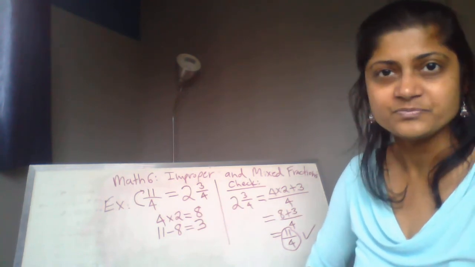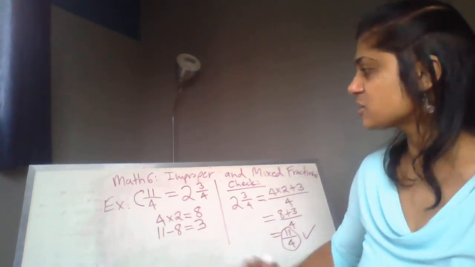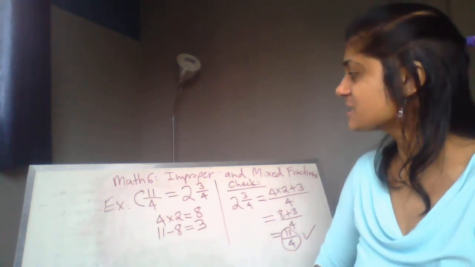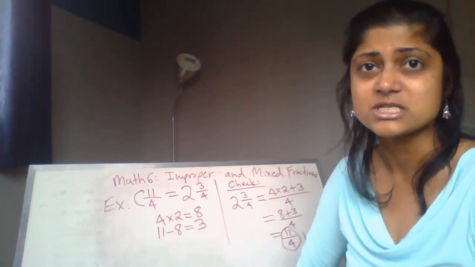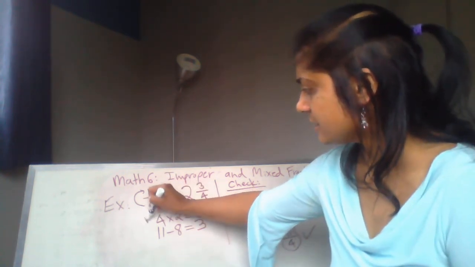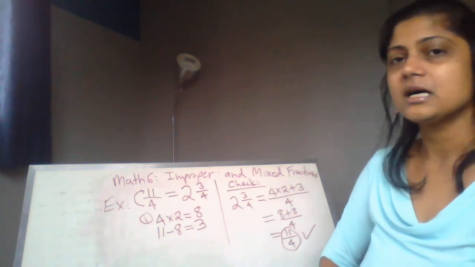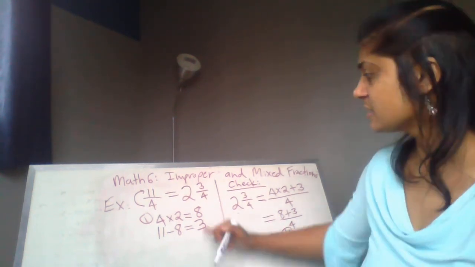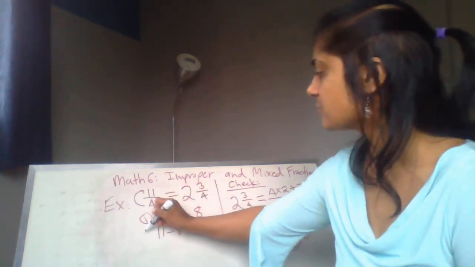So one more time, okay? Let's just go through the steps here. So when you're changing the improper fraction to the mixed number, I'm seeing how many times the denominator goes into the numerator, okay? And you can basically think of it as 2 steps. In the first step, I'm going to take the denominator and times it by the whole number. So I'm getting 8 in this case, okay?